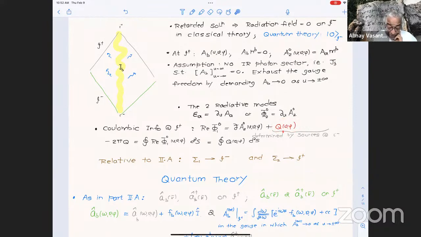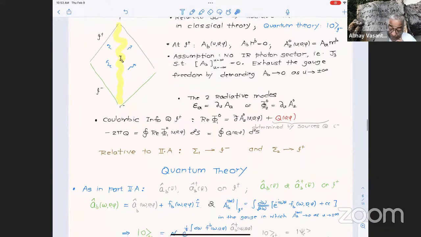And this Q is such that if I take the real part of phi 1 naught and integrate, I get minus 2 pi Q. In the previous transparency, I had omitted the factor minus 2 pi. By this equation up here, it follows that this is the same as the integral of f of A2 plus Q. And the f of A2, because of this angular derivative, turns out to have a two-sphere integral identical to 0, and you get the same as the integral of Q. And therefore, this Q is really determined by sources, by what the sources do at I minus up here.